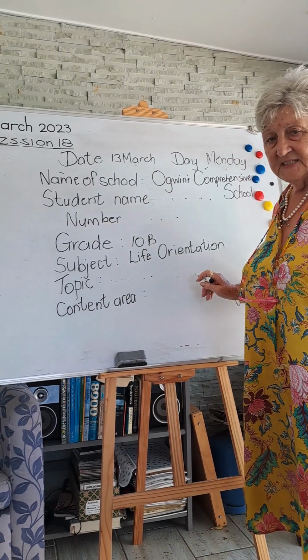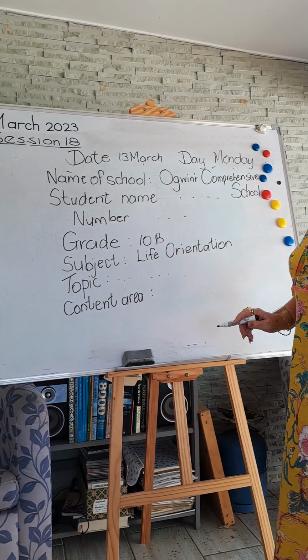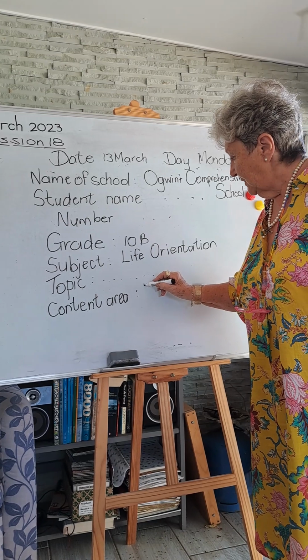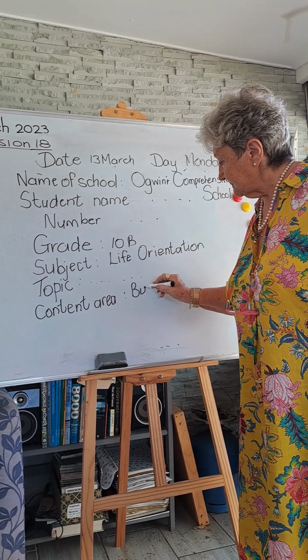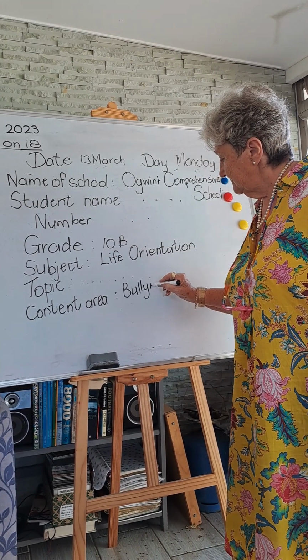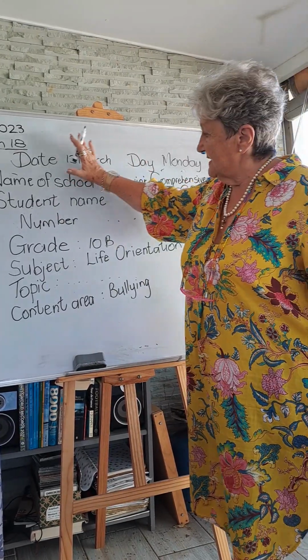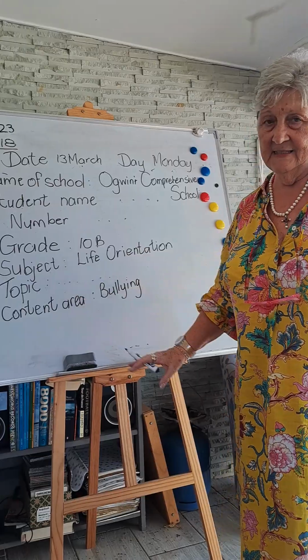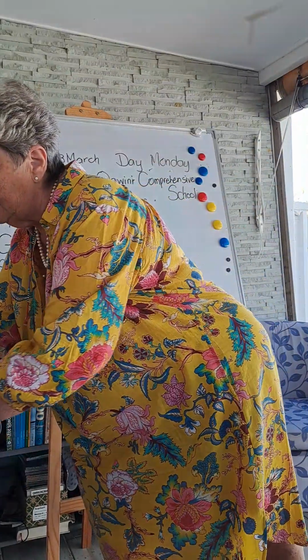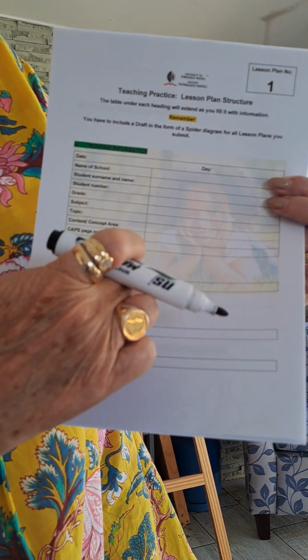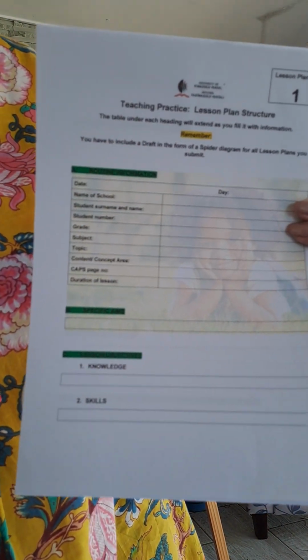And development of self, and I'm going to give the lesson on bullying. So all this has to be filled in, and it all has to be filled in here at the top. That is the general information.